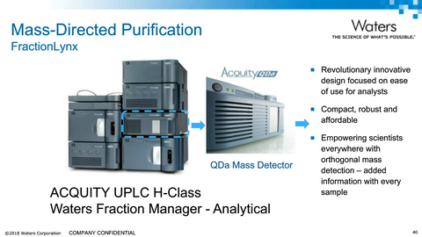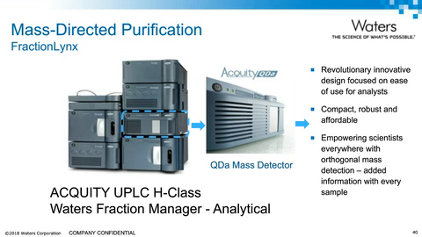Mass-directed purification allows us to more easily identify the peaks of interest and collect only the product of interest instead of having many extra peaks as we would have with UV or other types of optical detection. So we reduce the number of fractions that are collected as well as their subsequent workup. All of this, of course, saves time, and time is of the essence in the purification workflow.